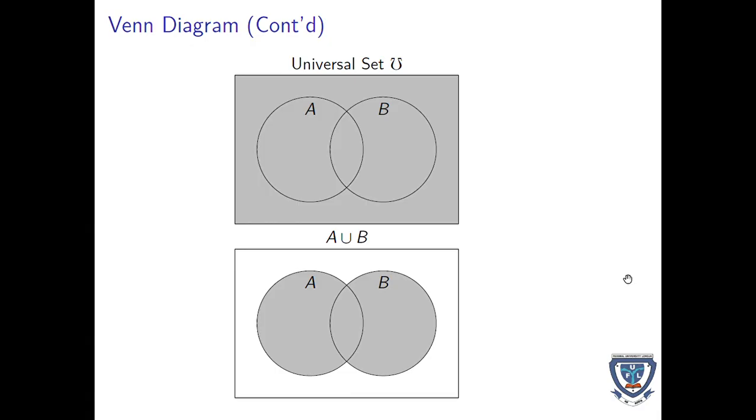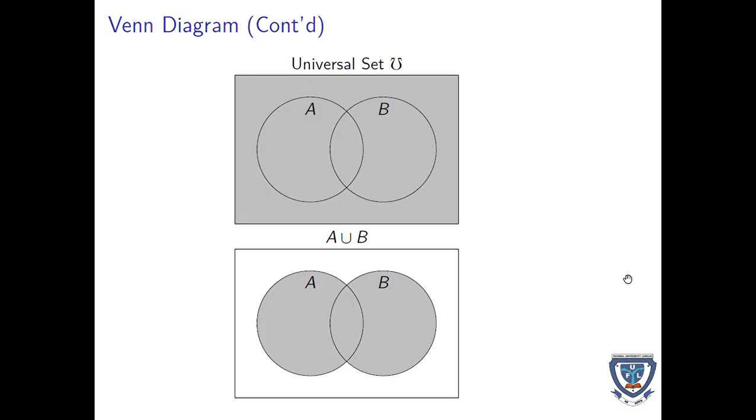Sometimes you may be asked to shade part of the Venn diagram. For example, the universal set, we shade everything. The two rings are used to represent the sets, while the rectangular box is used to enclose them. That is what we call the Venn diagram.